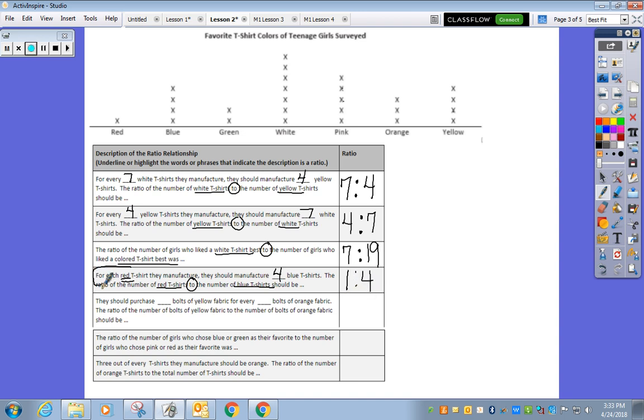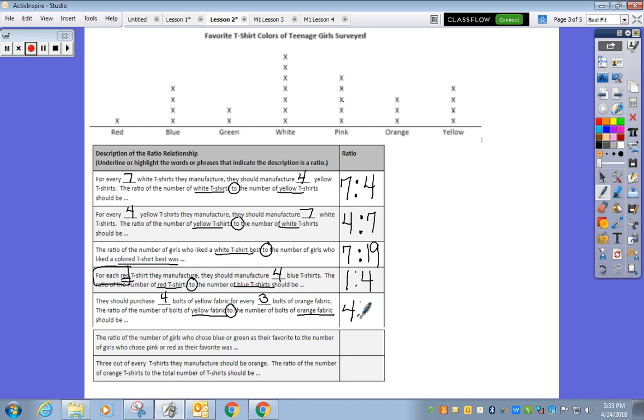This piece is important, that for each or for every means 1. They should purchase blank bolts of yellow fabric. Again, we're just looking at yellow to be 4 for every blank bolts of orange fabric. And orange is 3 if you count the X's.